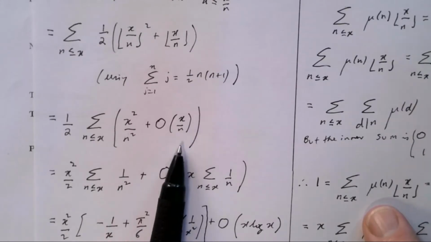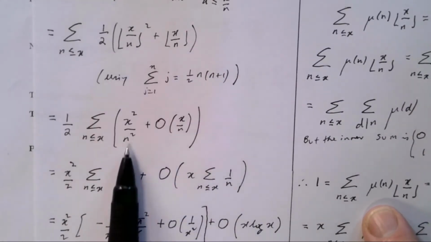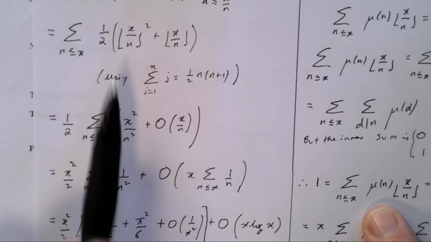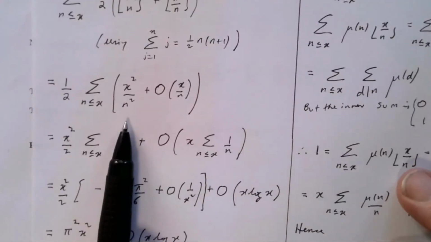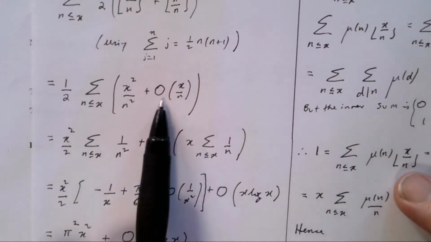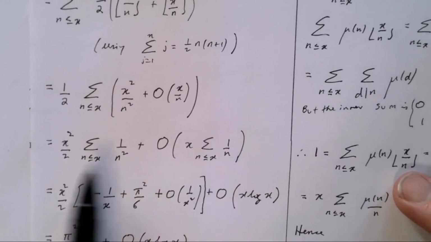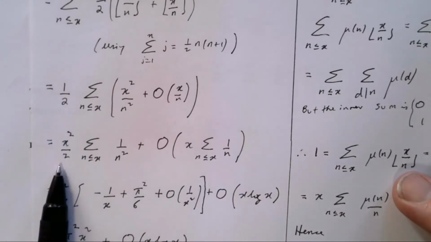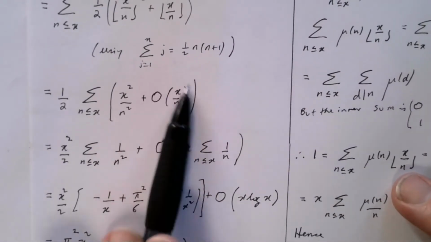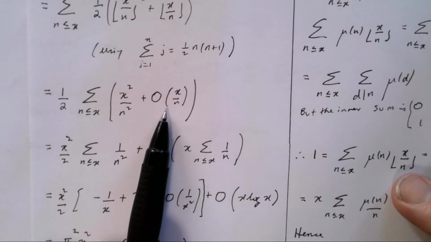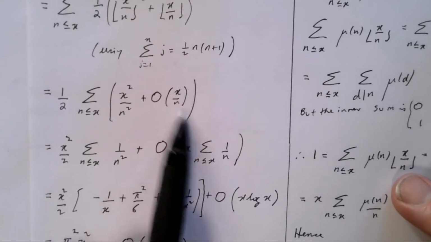That'll take care of this term, plus any bits that we might have missed by going from there to there, because any such thing will be less than 1, and therefore I can put it into the big O x on n. Now we take the x's out, I get x squared on 2 times this sum, and then when I take the sum of this, I'm just going to get big O, take the x out, the sum of 1 on n for n less or equal to x.